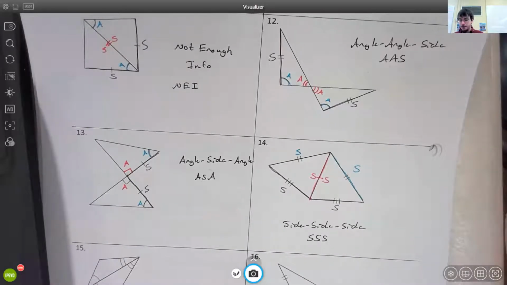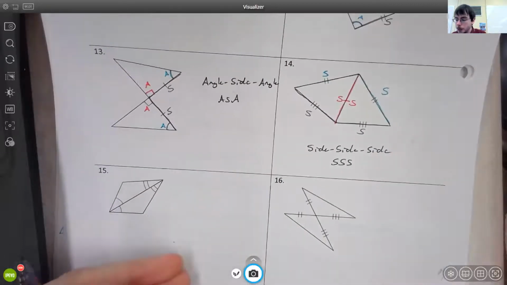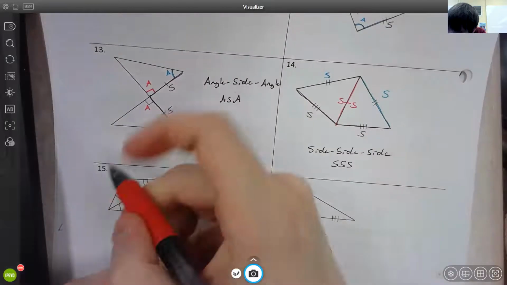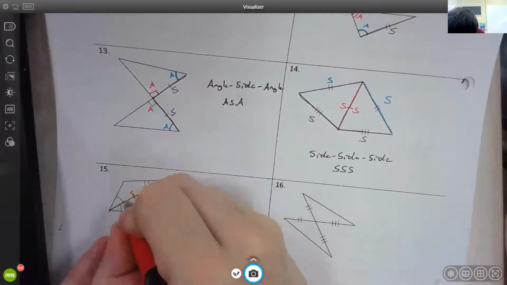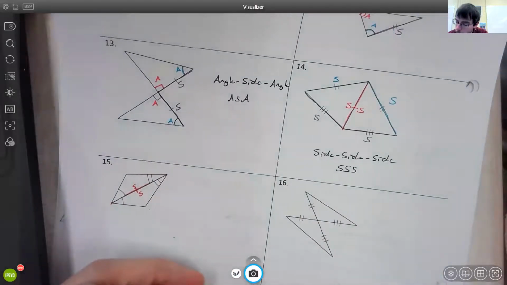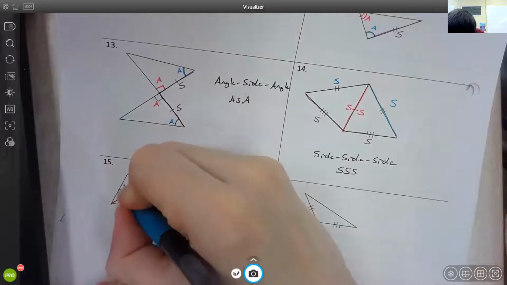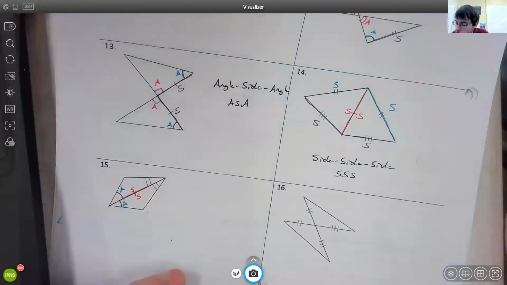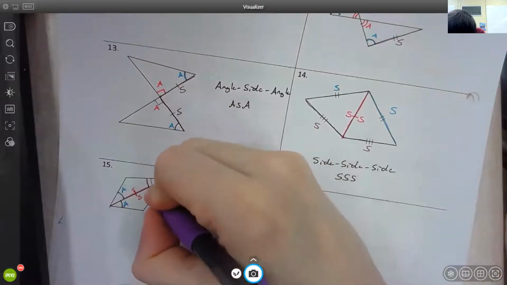Number 15, we see that we have a congruent pair of sides because it's a shared side here. I'm going to label that. And we have one congruent pair of angles here and one congruent pair of angles here.